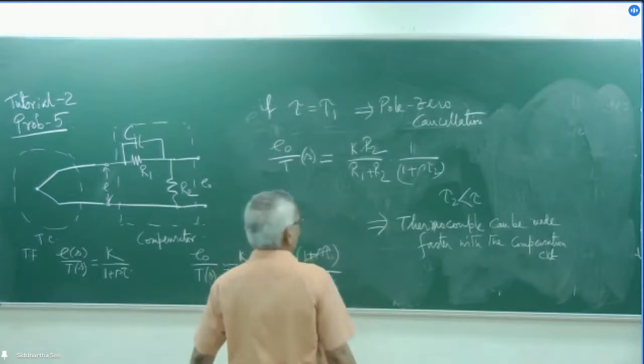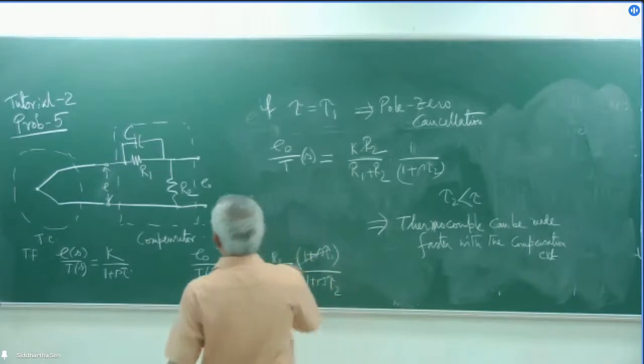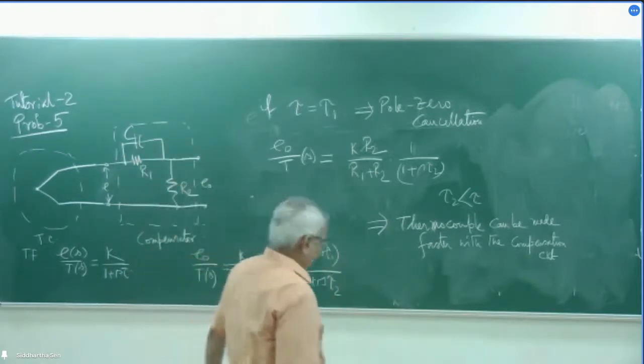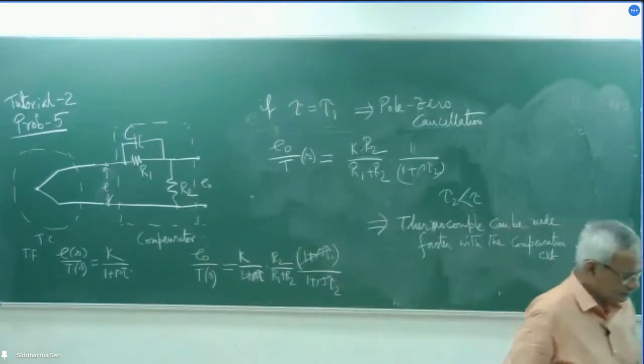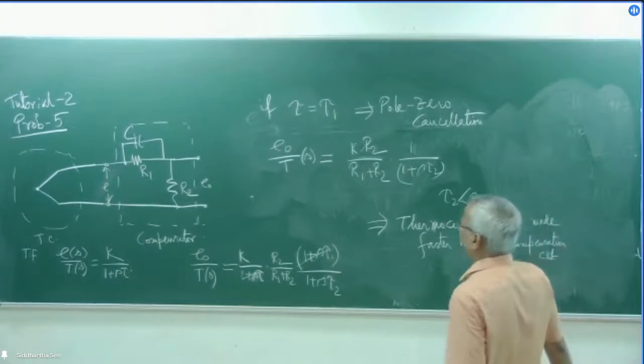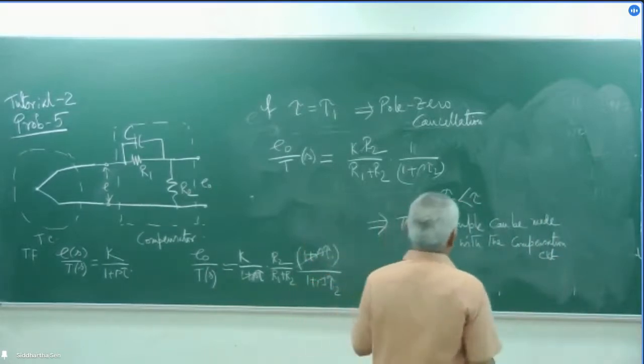So it's very interesting that we can make a sluggish system faster by pole zero cancellations.